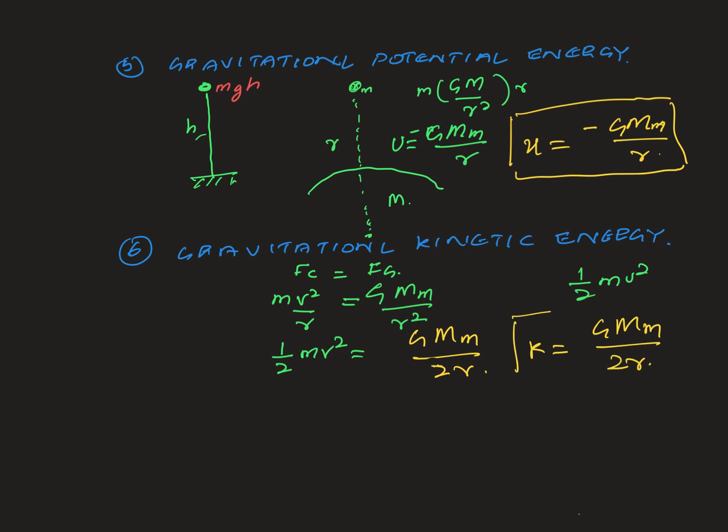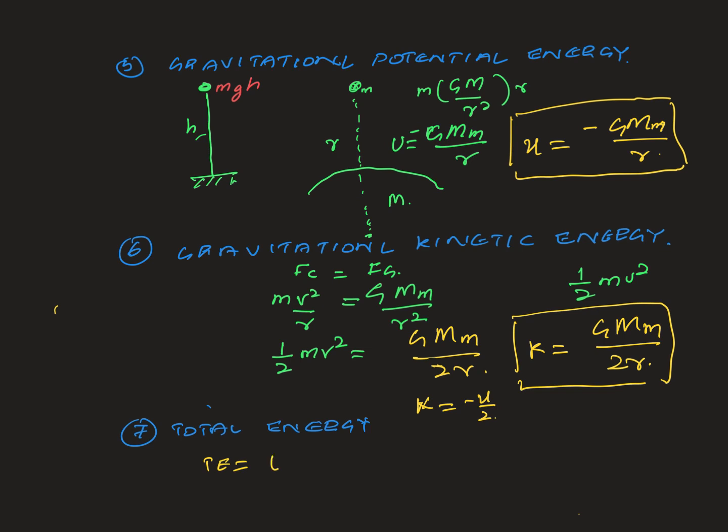So the potential energy is minus GMm over r, and the kinetic energy is GMm over 2r. So what is the relationship we get from here? We get here that K is actually minus U by 2. That's the relationship between kinetic energy and the potential energy. So what's the total energy then? Total energy is equal to the potential energy plus the kinetic energy.